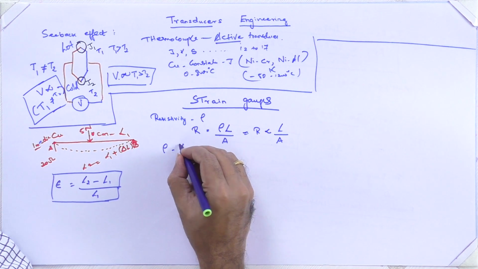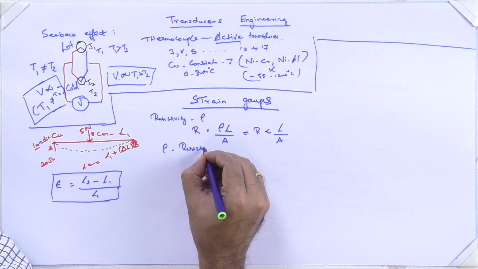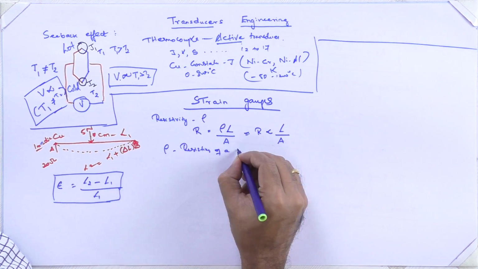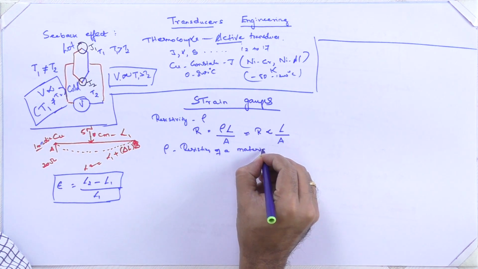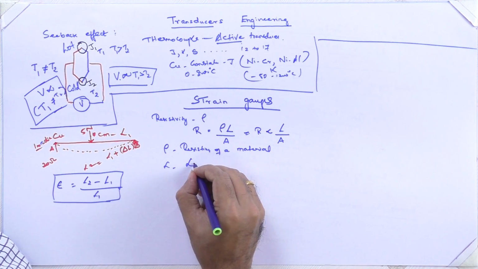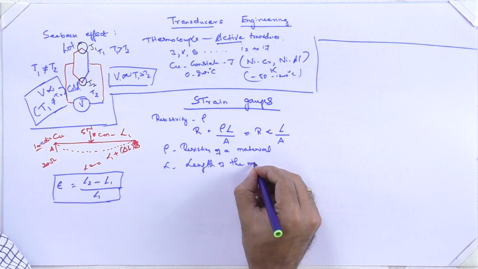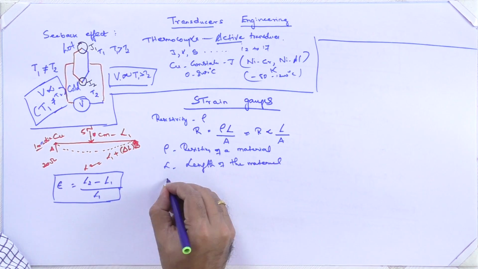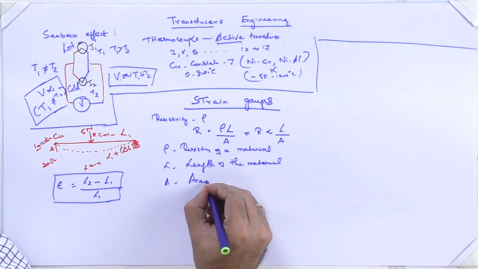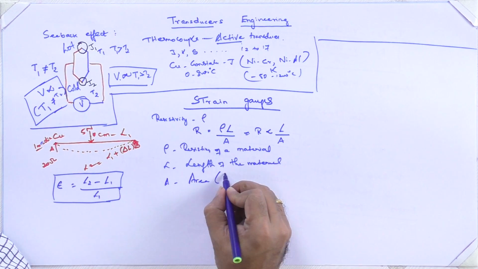Rho is the resistivity of a material. L is the length of the material. A is the cross-sectional area.